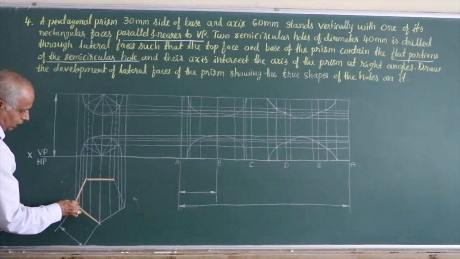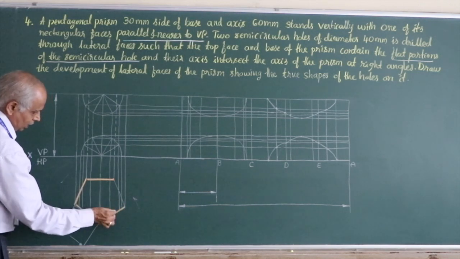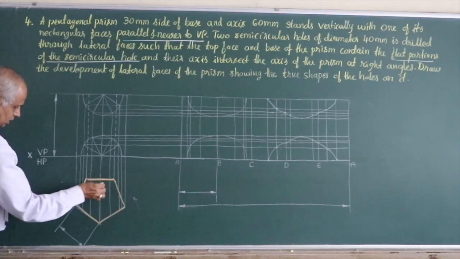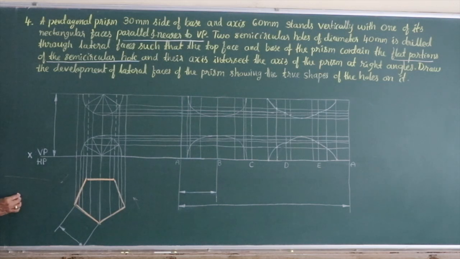So draw this pentagon with the rectangular face parallel. Remember, I am repeating this point: if I take it this way, then the rectangular face is parallel to VP but not nearer. That's very, very important. So here it is parallel and nearer to VP.